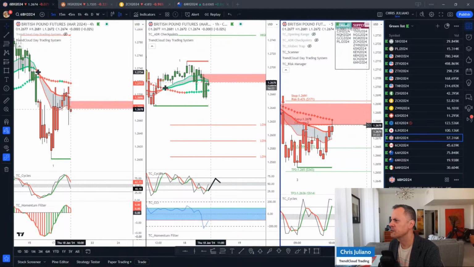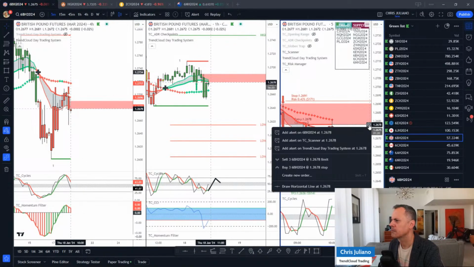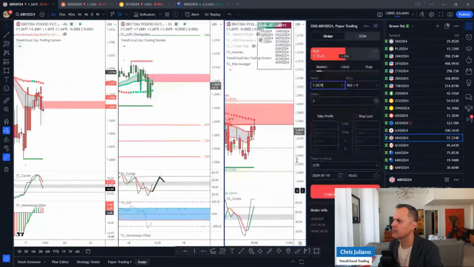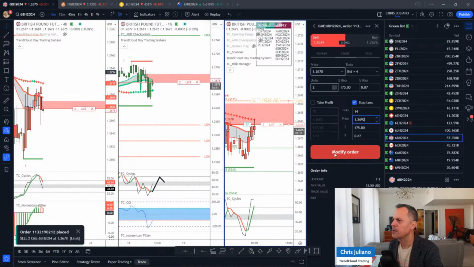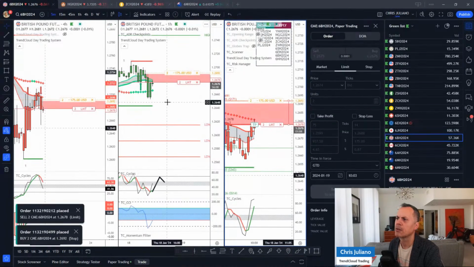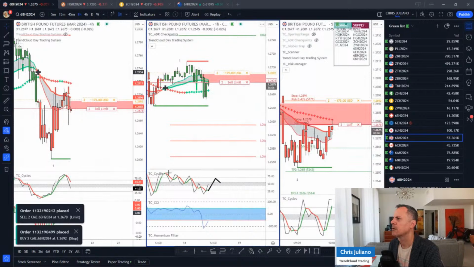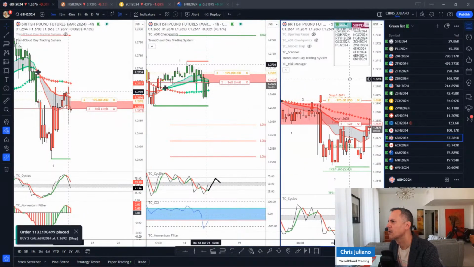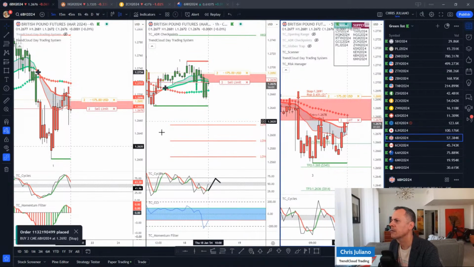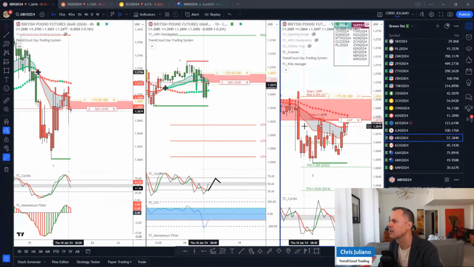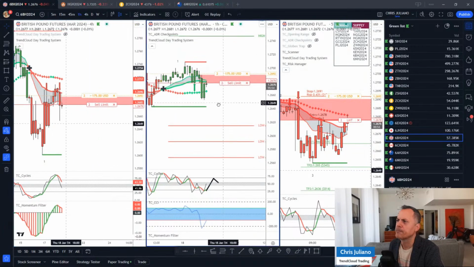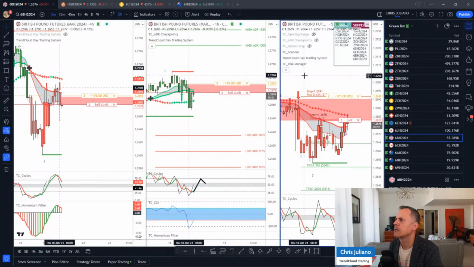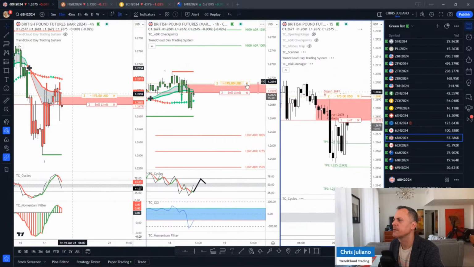We can take 2 contracts here. Sell 2. Stop loss. Okay. Right there.